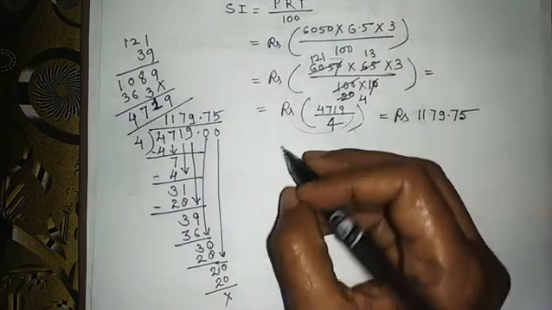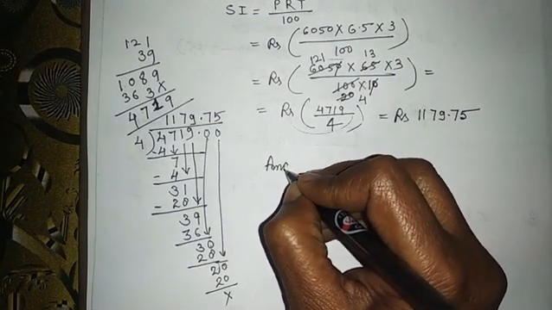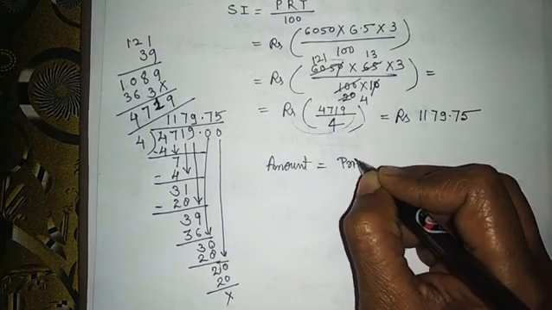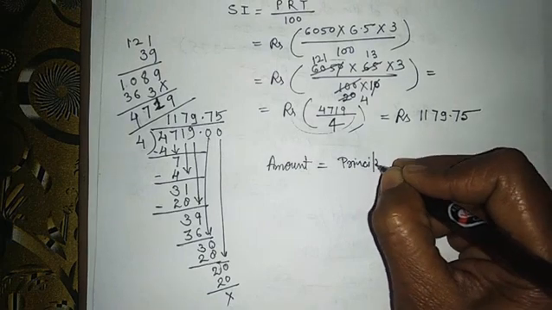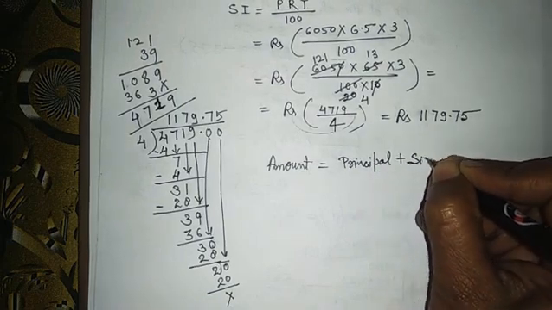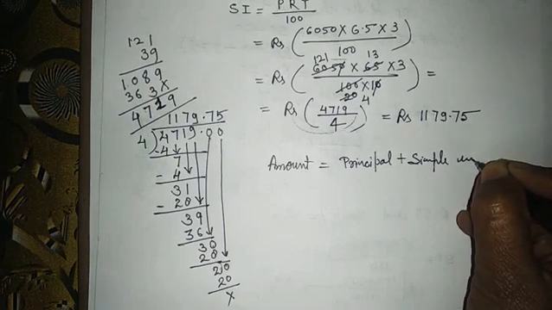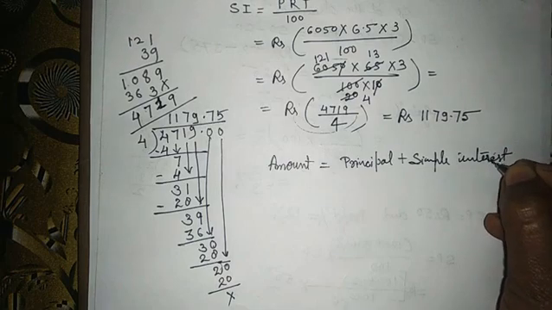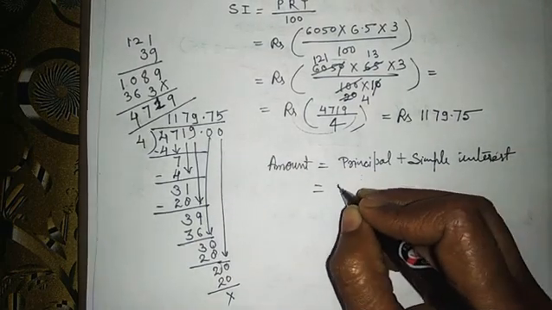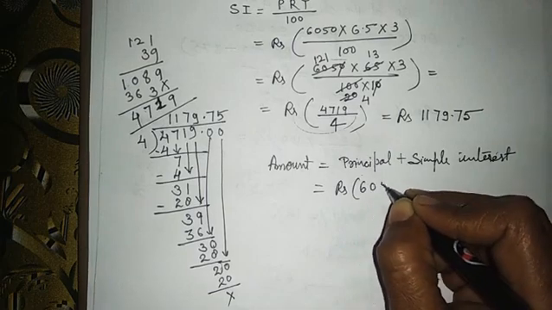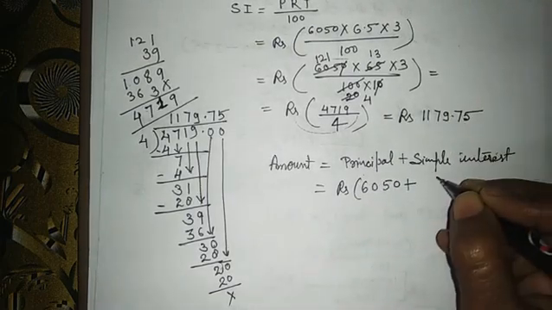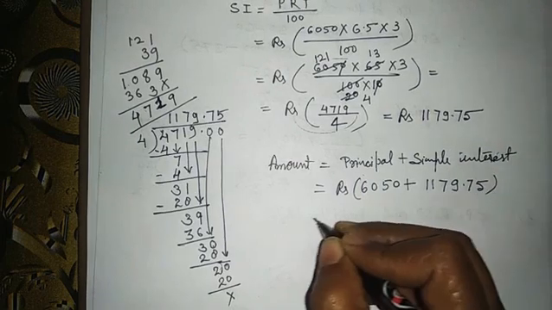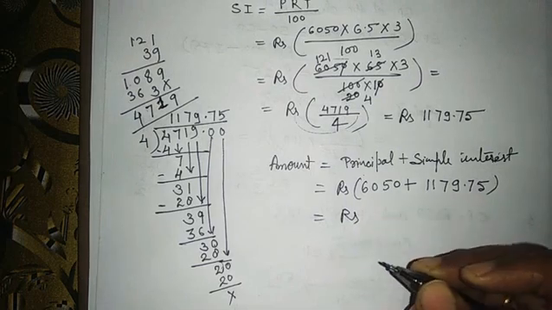So now here we will write the formula to calculate amount. Amount is equal to principal plus SI. Now principal is rupees 6050 and this is 1179.75. Now we will add this.